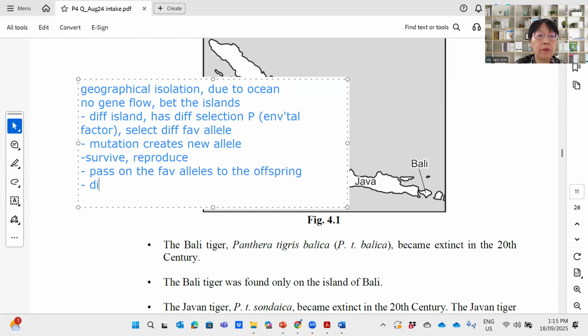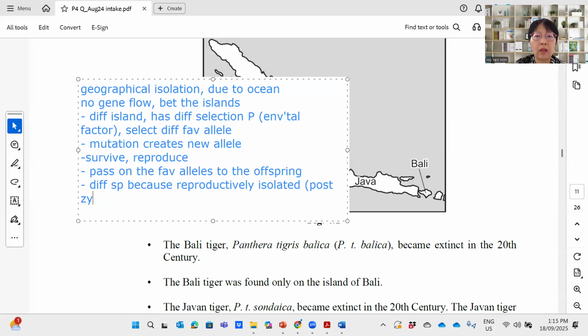So they become different species because reproductively isolated. So of course we know it's due to pre-zygotic and post-zygotic isolation.